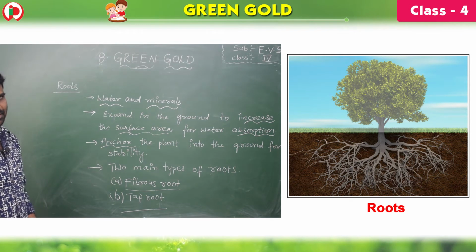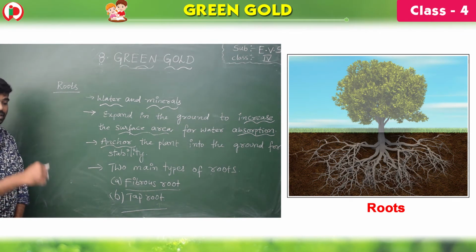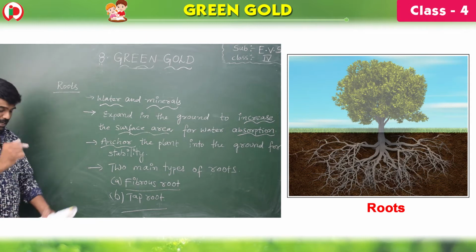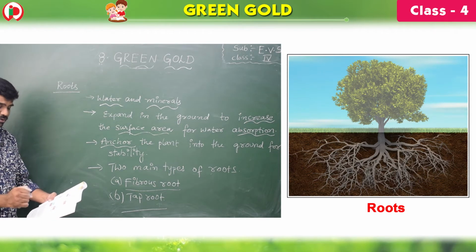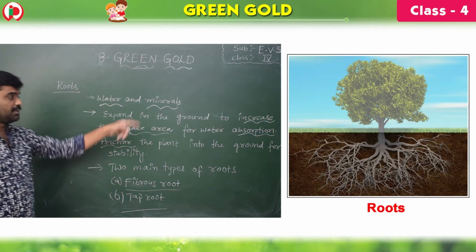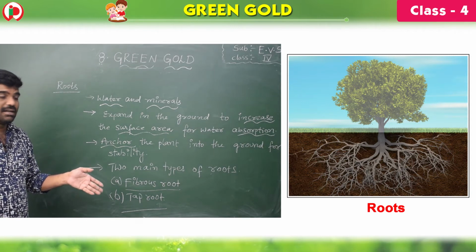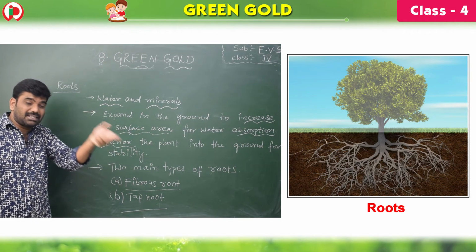Once again I repeat the functions of the root. Children, roots are present down in the ground, and the roots of a plant growing in the ground are responsible for pulling water and minerals. These roots expand in the ground to increase the surface area so that more water can be absorbed.